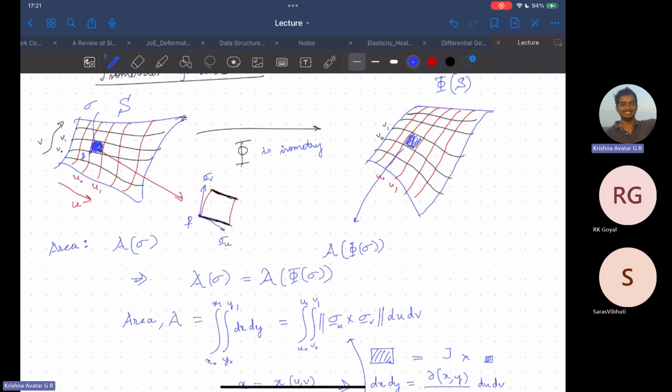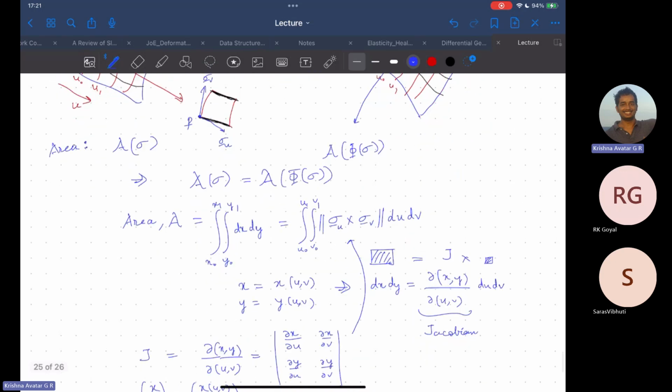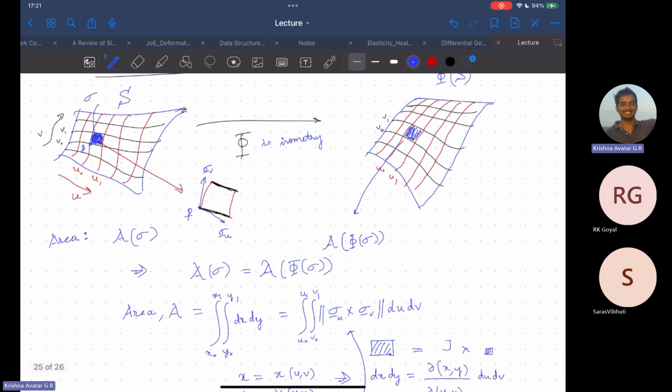Now we recall that we try to gain the idea from the area of any parallelogram, right? Since this is an infinitesimal element, it's very small, so you can just idealize it to some sort of a parallelogram.